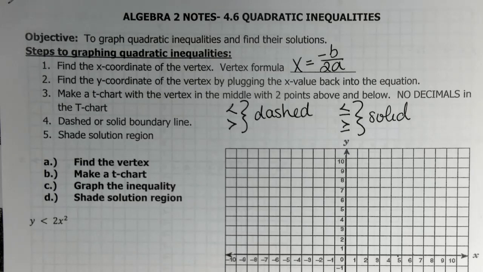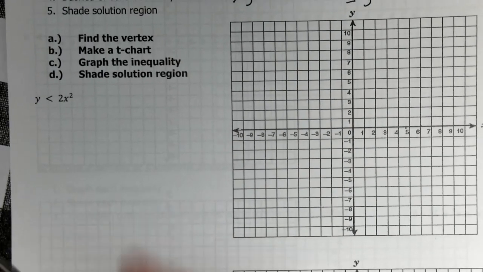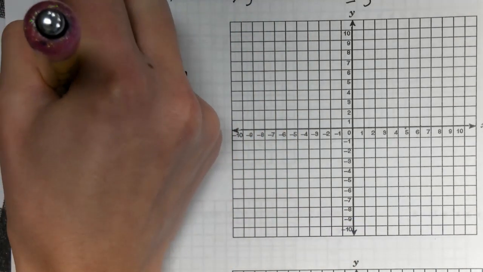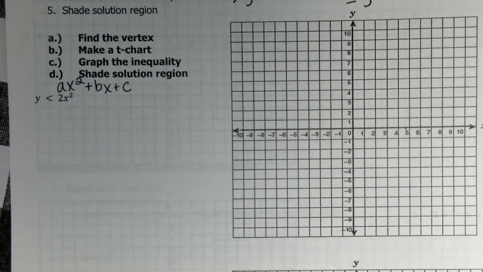Okay, so if I'm looking at y is less than 2x squared, remember that standard form is ax squared plus bx plus c. Well, I don't have a b and I don't have a c. If you can look at that and recognize that the x value of your vertex would be 0, fantastic.